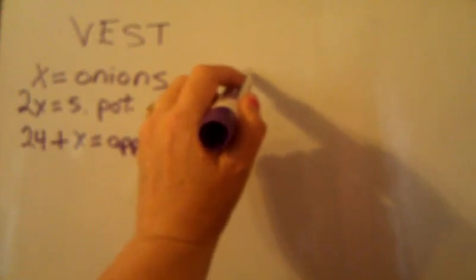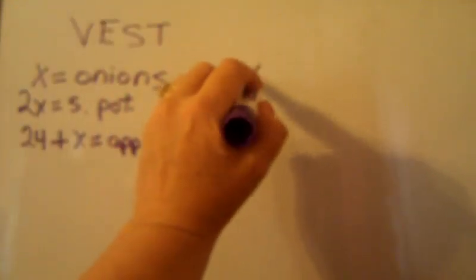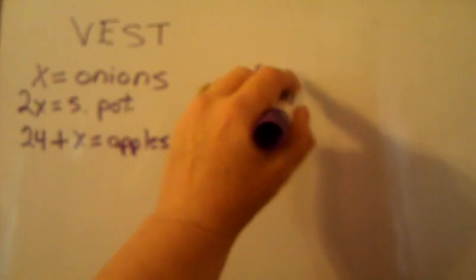Okay. Now, what is my equation? 9 pounds of sweet potatoes cost the same as 6 pounds of apples. How am I going to show 9 pounds of sweet potatoes? That's 9 times this, right? 9 times 2x. Cost the same as.